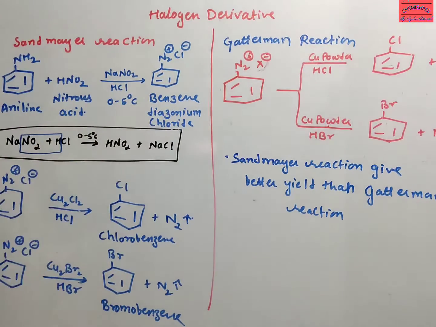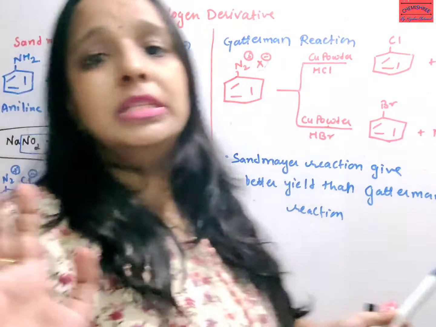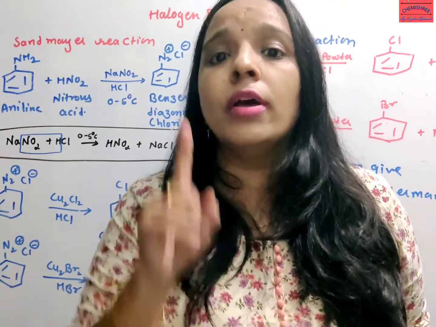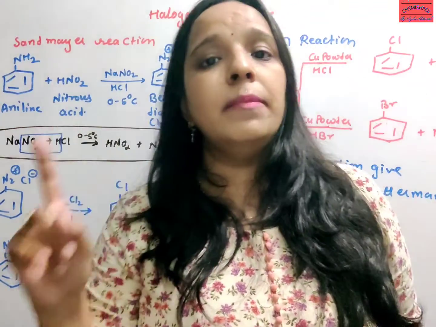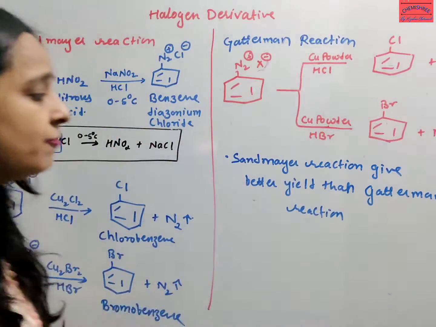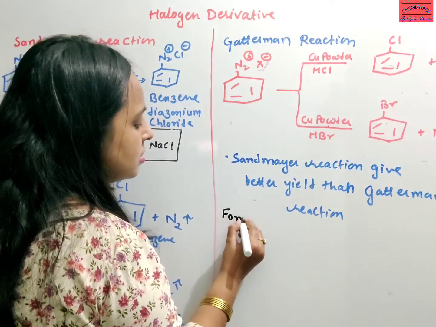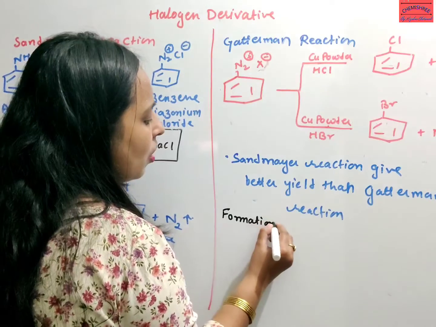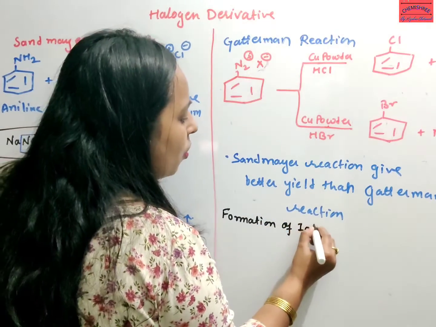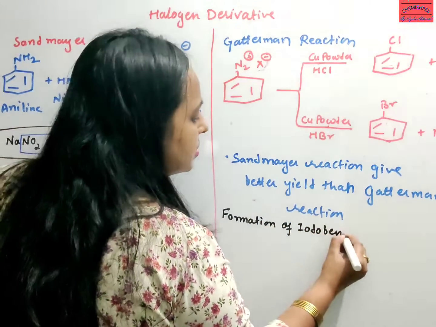But by these two methods you cannot prepare iodobenzene. The method is only for making chlorobenzene and bromobenzene. Now let us see formation of iodobenzene.